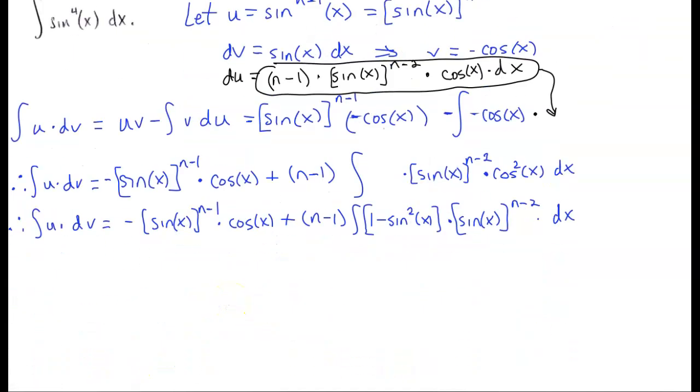that we have that in place here, we see that we can take this and distribute it to both terms. And of course, we'll have that sine of x raised to the n minus 2 dx like we want, but we're also going to have another term that's just going to be sine squared times sine x raised to the n minus 2, which is just going to leave us with sine of x raised to the n, okay?